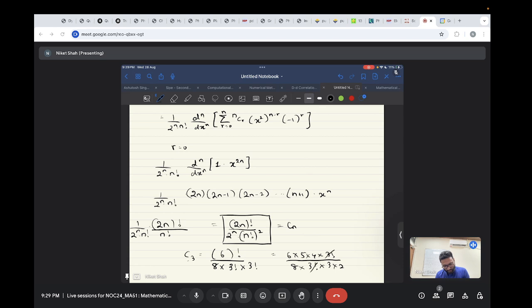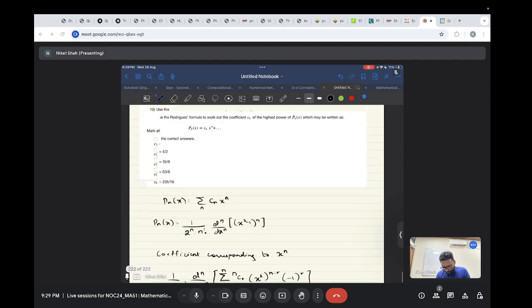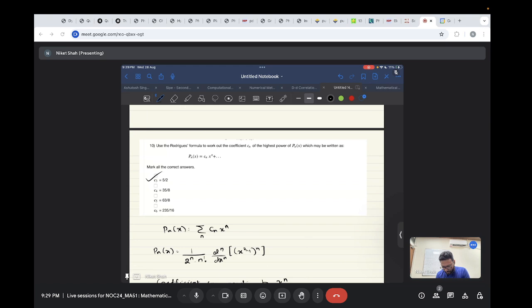So I just cancel out 3 factorial, 3 factorial, 2, 2, and it is equal to 5 by 2. That's the correct answer. And similarly, check the other options, and whatever you get is your answer.